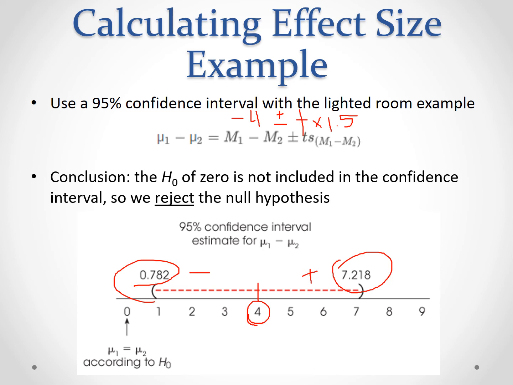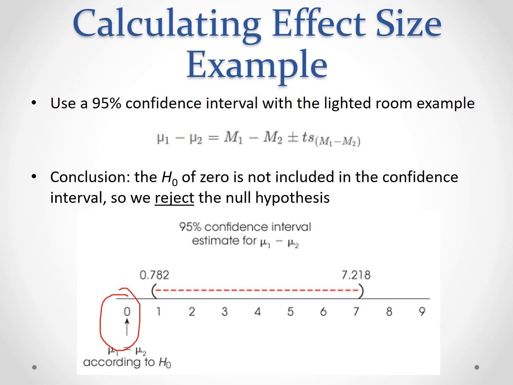Now, what we're hoping to find is that this confidence range does not include 0, because 0 is the null hypothesis. So if my confidence interval included 0, then that means that I'm 95% sure that it could also be no difference, right?